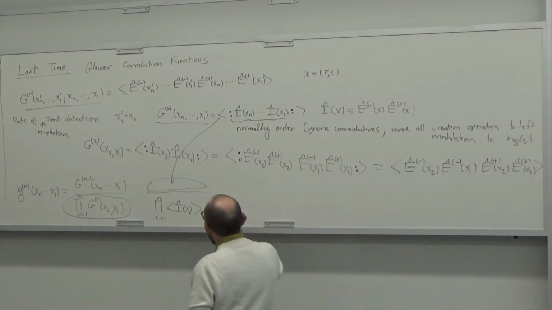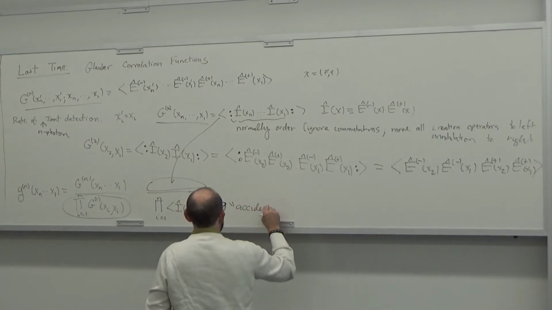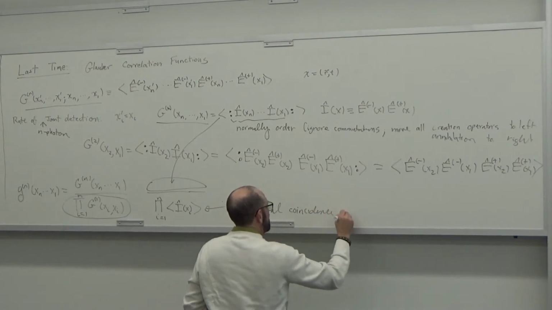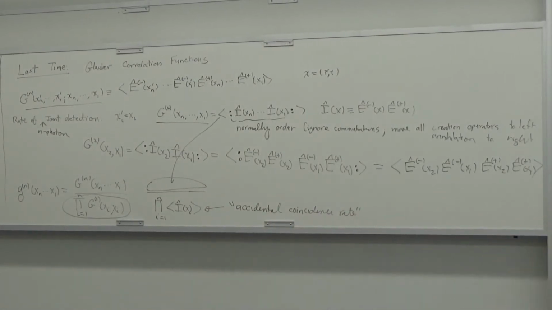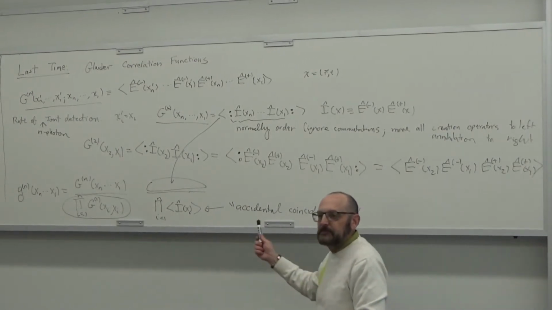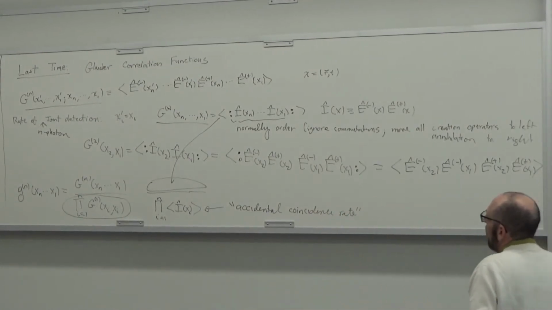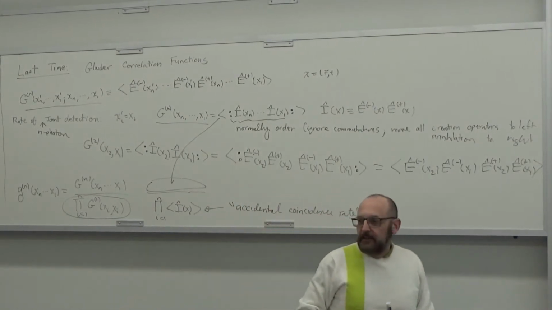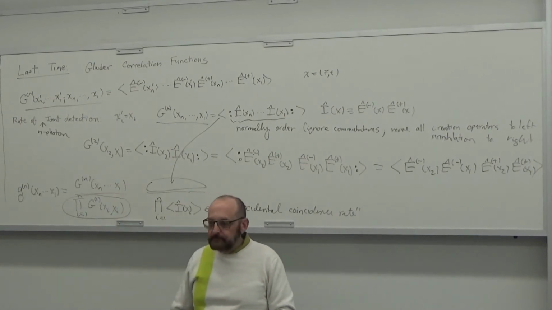So the denominator we sometimes call the accidental coincidence counts. They just happen to be there at the same time. Those are the accidentals. So if this ratio is 1, then all these events are completely uncorrelated. Okay?